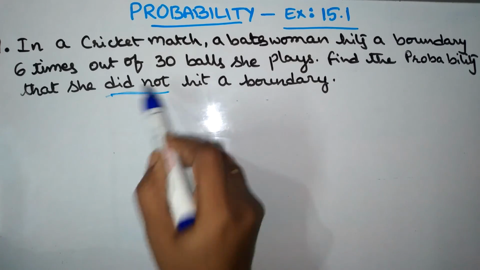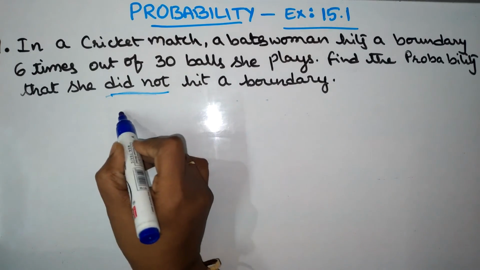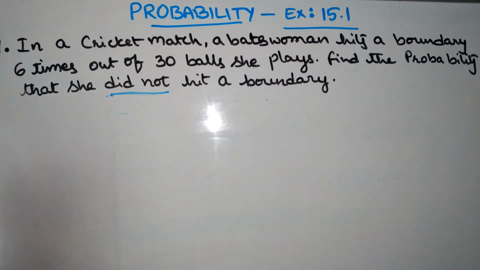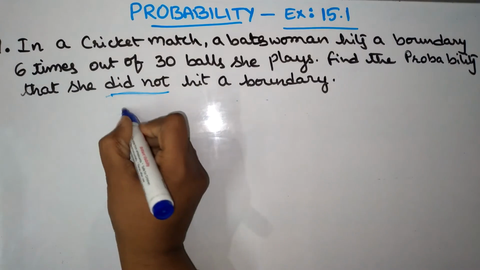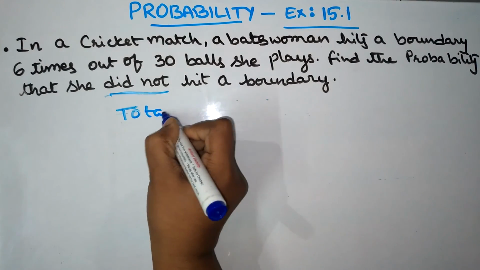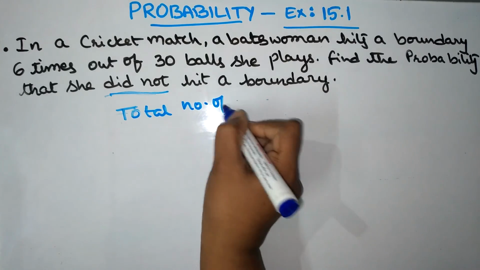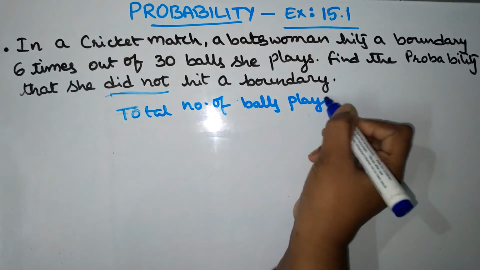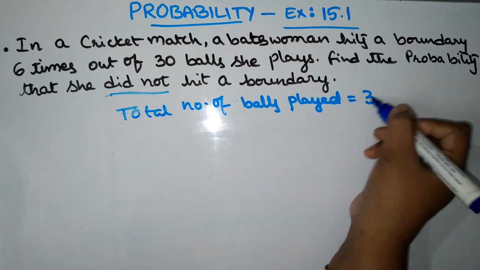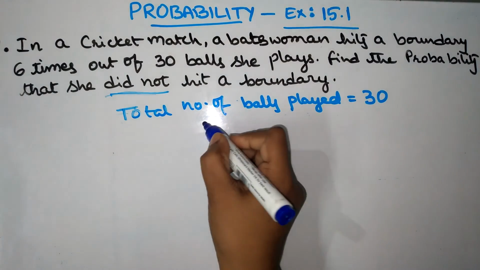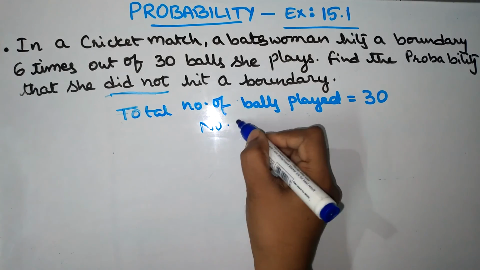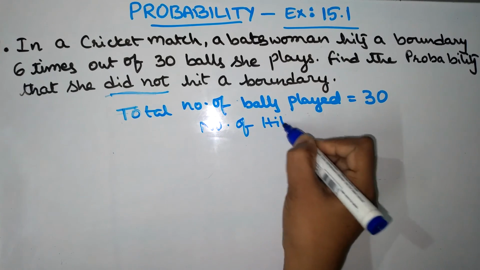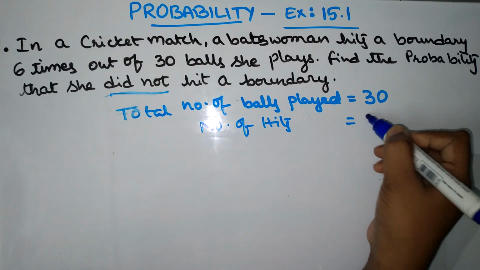So what is the given data here? Total number of balls played is equal to 30. How many hits are there? Number of hits is equal to 6.